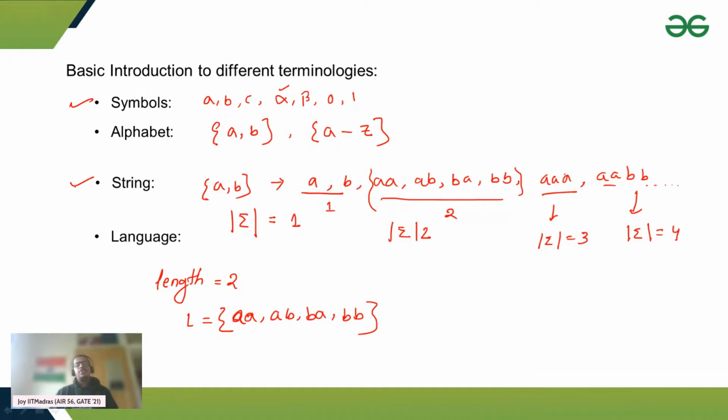And a language is a collection of strings. Given specific rules, the language will be all the strings that satisfy them. Here, the main thing was that it is a collection of all the strings which have length equal to 2. So in our language, we can see we have these 4 strings.